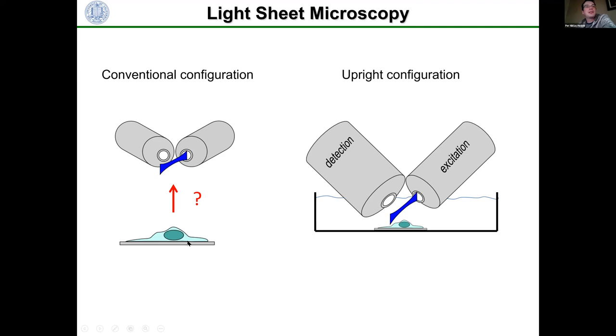But what can you do if you want to image cells on a surface, for example? Well, one popular implementation is the upright configuration, where you have those two objective lenses at a 90-degree angle, and then you dip into your sample dish from the top.